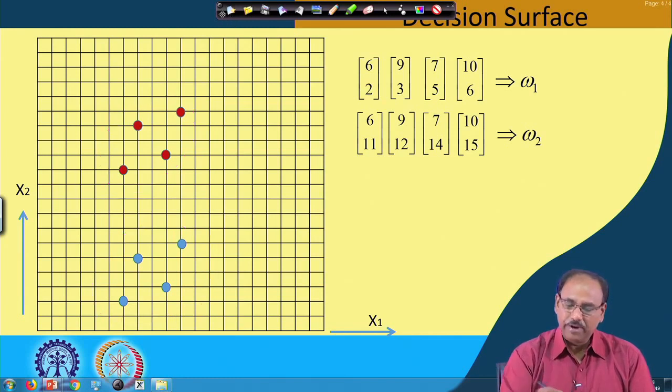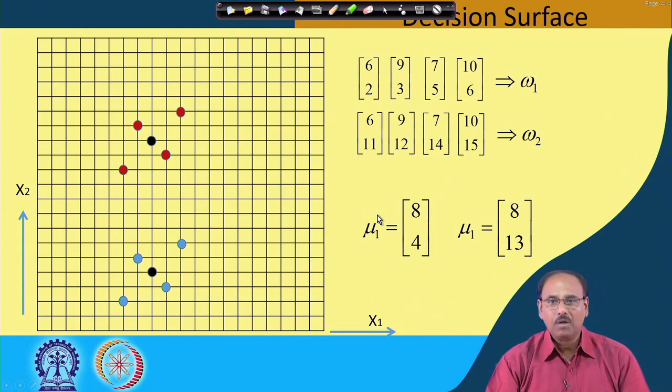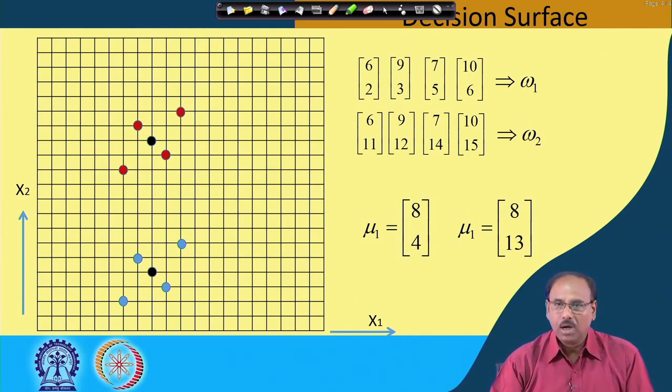So, given these feature vectors, let us see how we can find the decision surface. For these two sets of feature vectors, I compute the mean vector mu 1 for class omega 1 and also mu 2 for class omega 2.